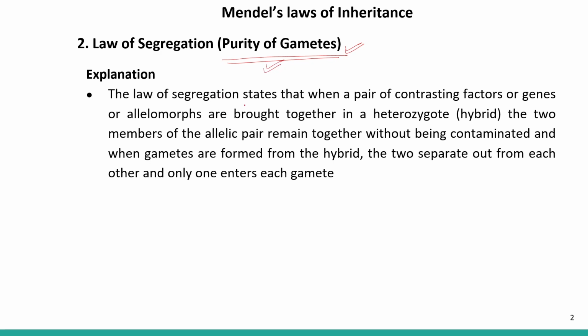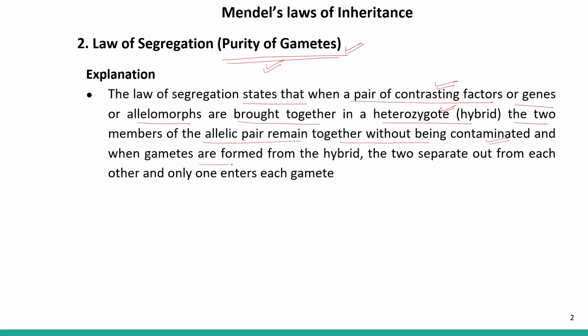So the law of segregation states that when a pair of contrasting factors or genes or allelomorphs are brought together in a heterozygote, that is a hybrid, the two members of the allelic pair remain together without being contaminated.